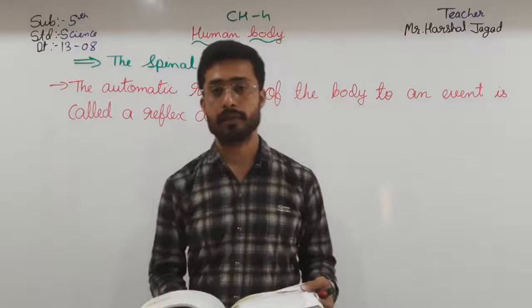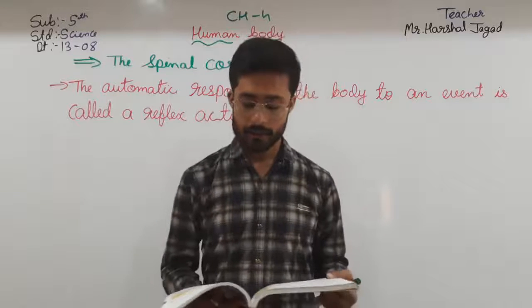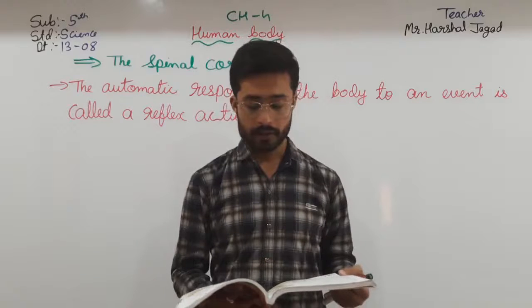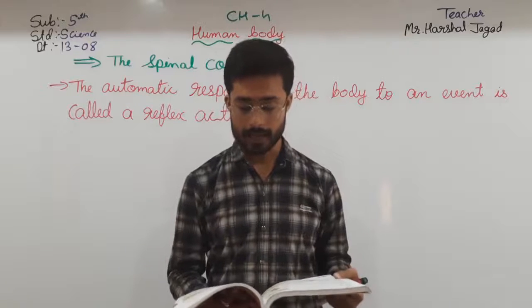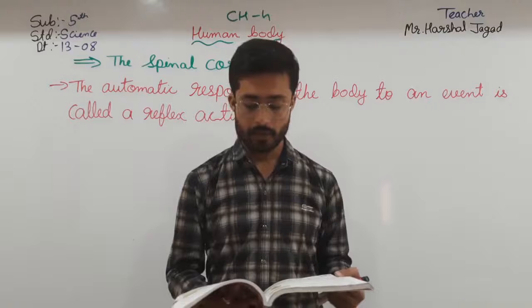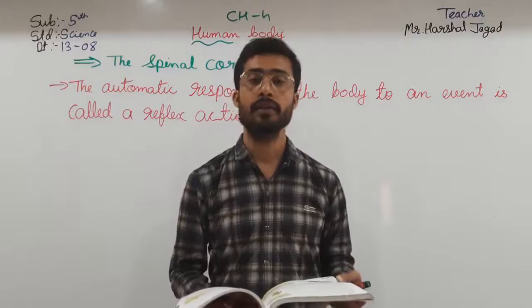Here, as I have stated earlier, now moving towards nerves. Neurons or nerve cells are of three kinds, that is sensory nerves, motor nerves and mixed nerves.